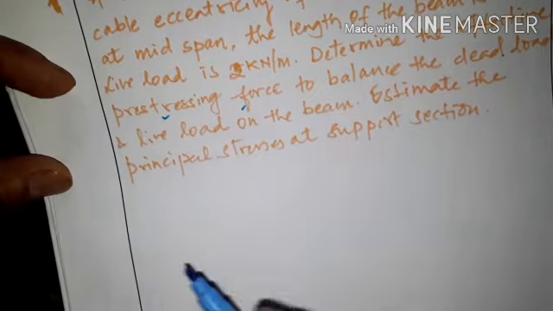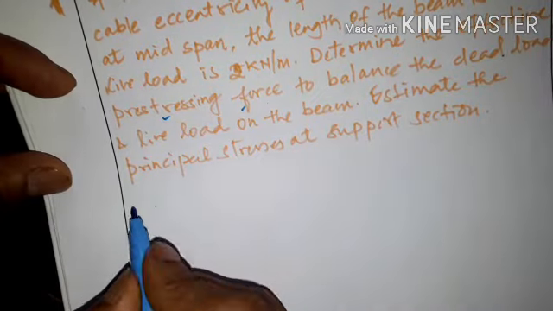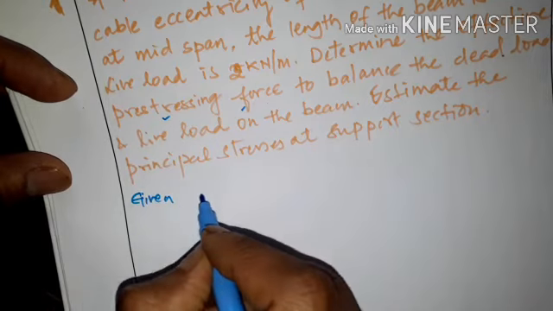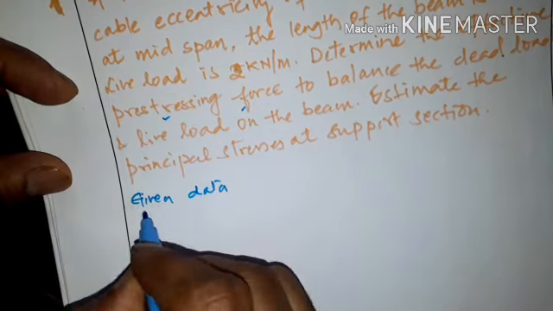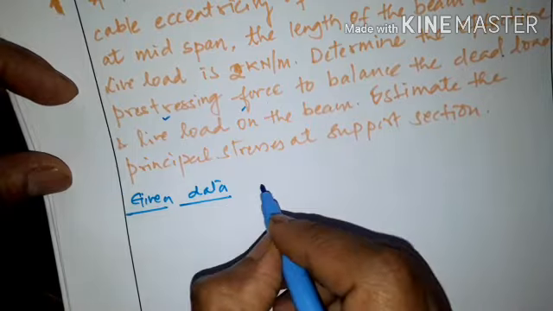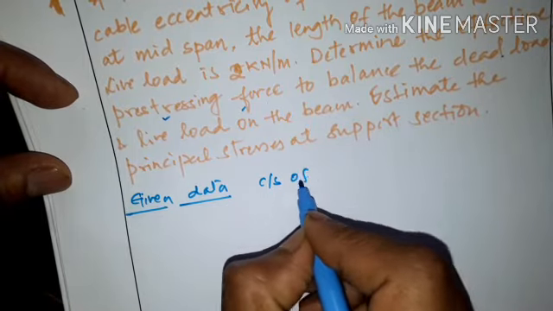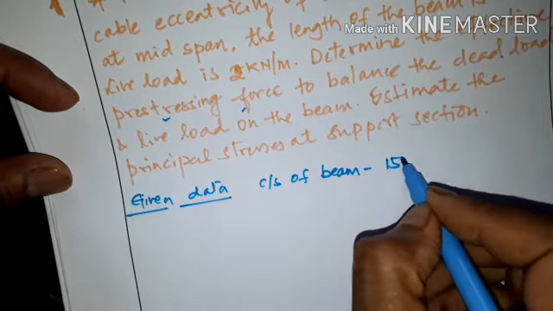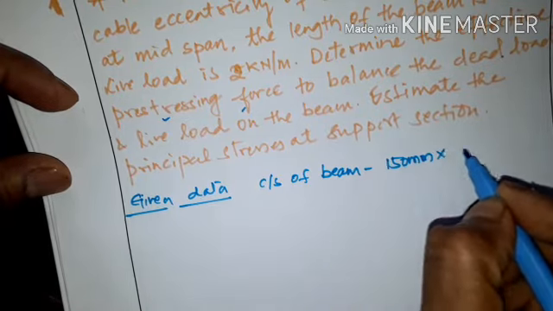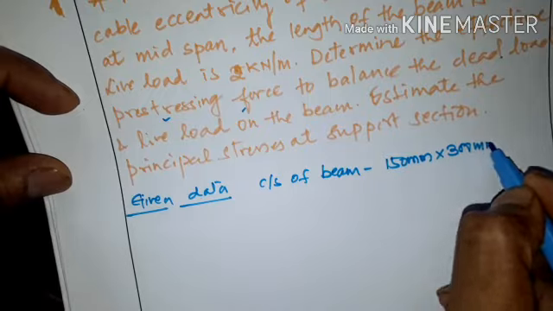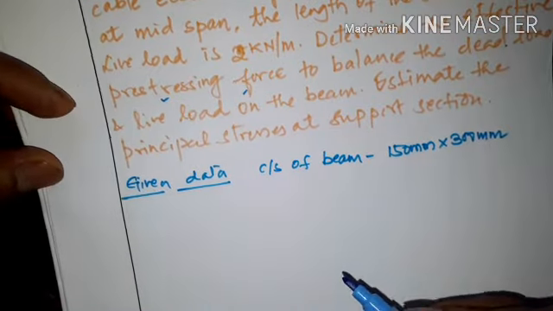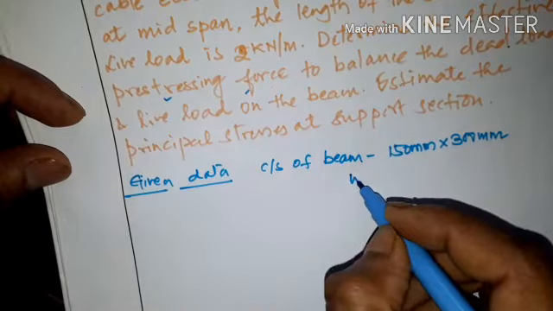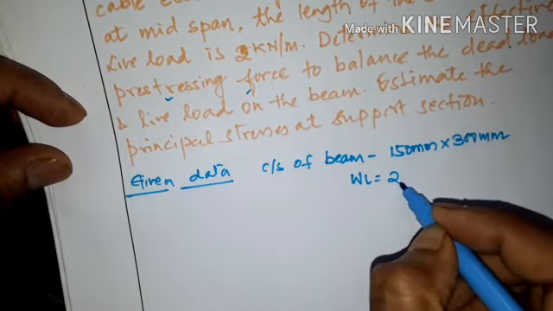First I will write the given data. The cross section of beam is given as 150 mm by 300 mm, and the WL is given as 2 kilonewton per meter.